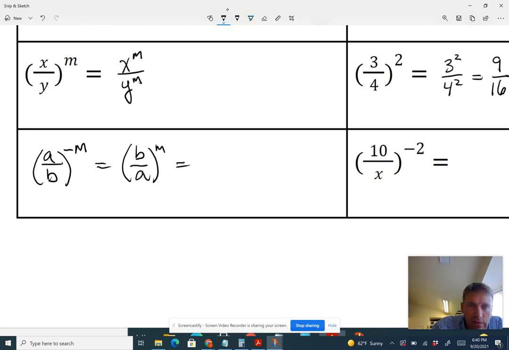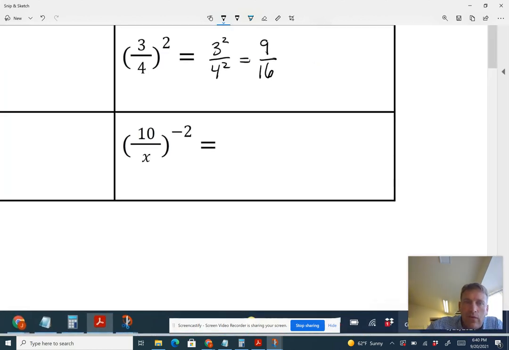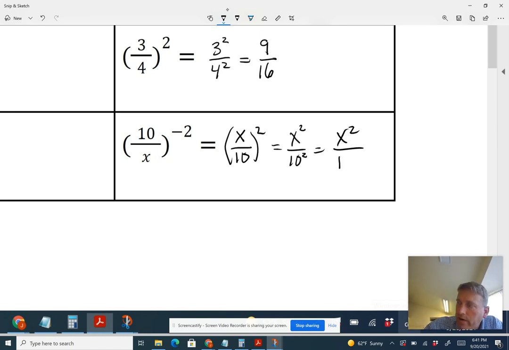And so then you can say, well, this is equal to b to the m over a to the m. And so over here I get 10 over x raised to the negative 2 power. That's the same as x over 10 raised to the second power, which is x to the second power over 10 to the second power, or x squared over 10 squared, which is 100.